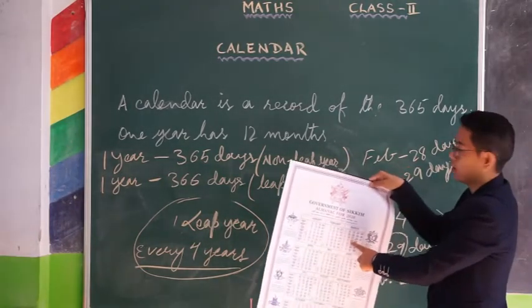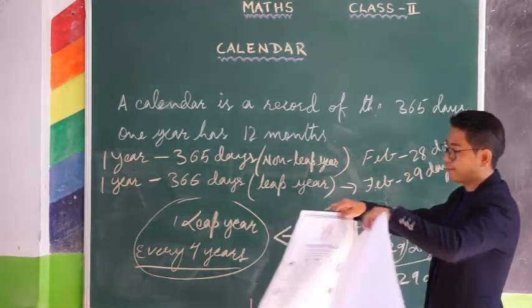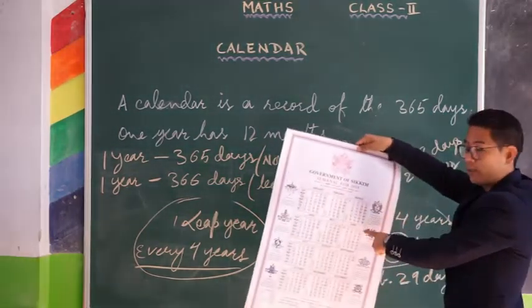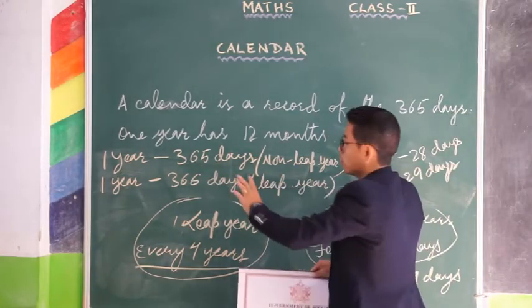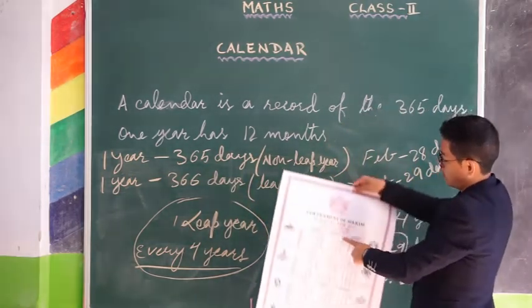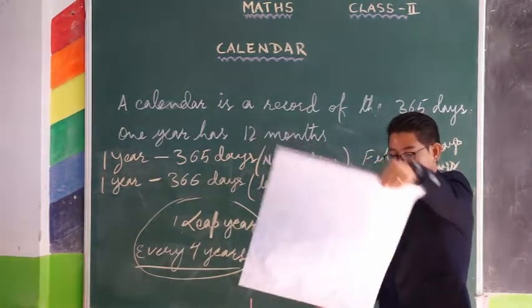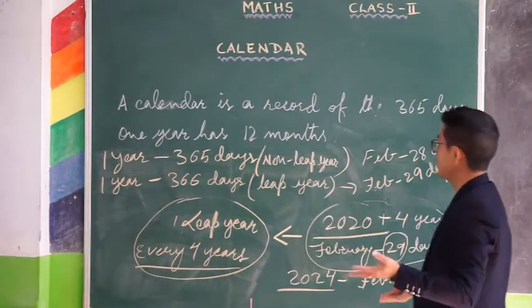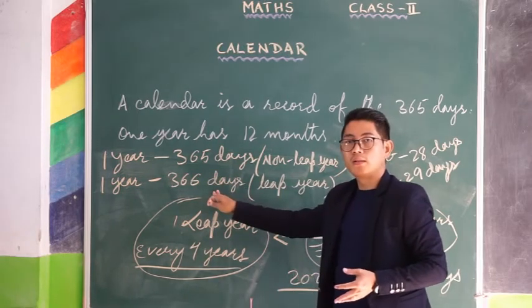Now when you see the 2019 calendar, you won't get 366 days. You will get exactly 365 days because 2019 was a non-leap year. Okay? So this is how you see 365 days and 366 days.